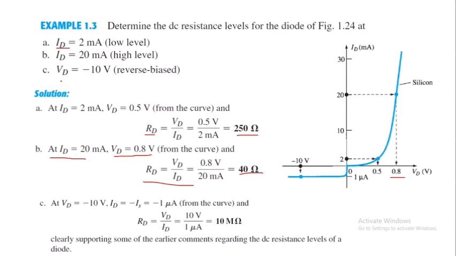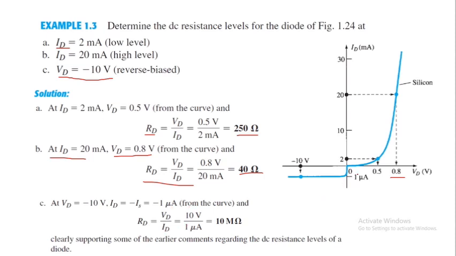Now for part C, where we have to find DC resistance for minus 10 volt. For VD equal to minus 10 volt, ID is equal to minus IS, that is minus 1 microampere.